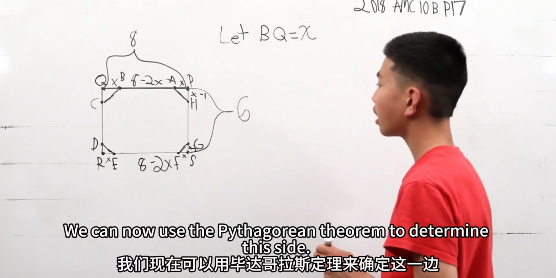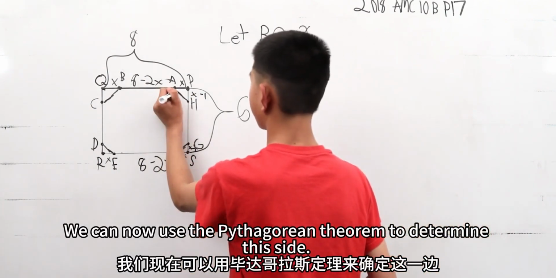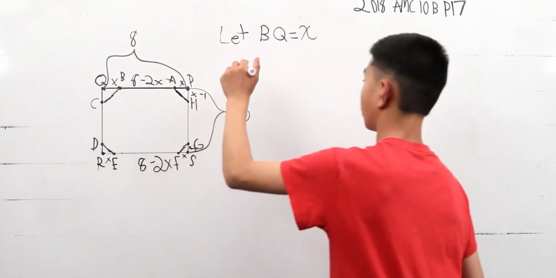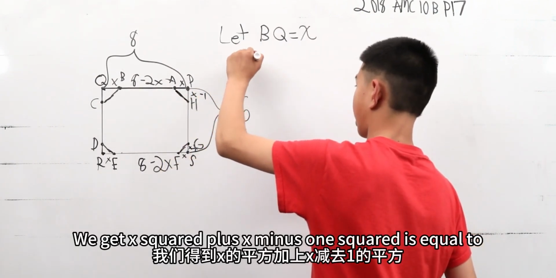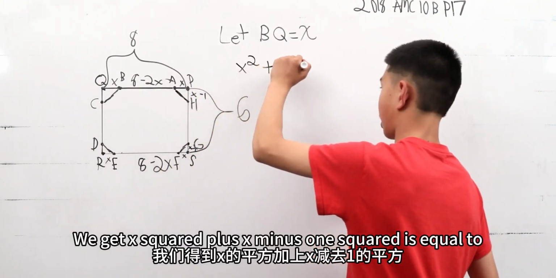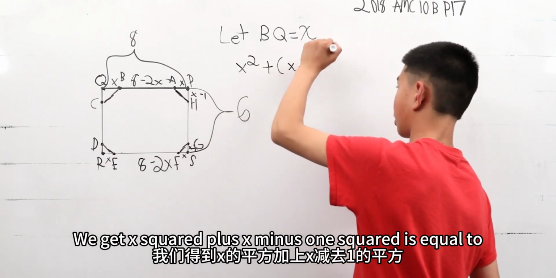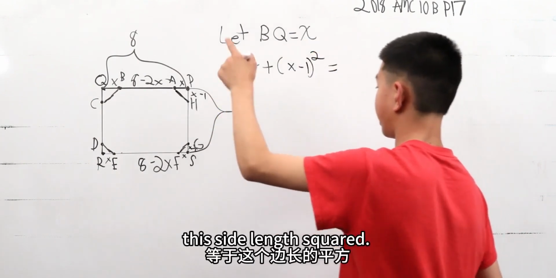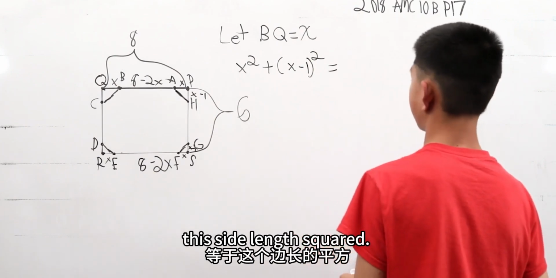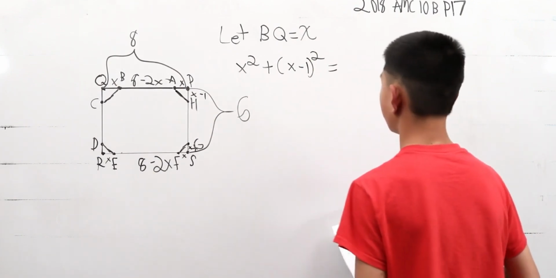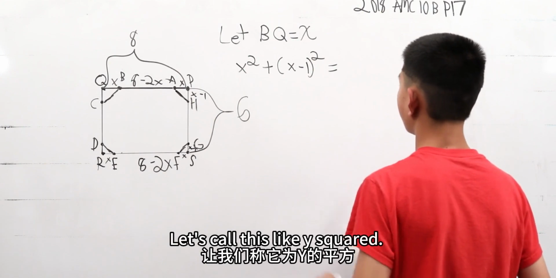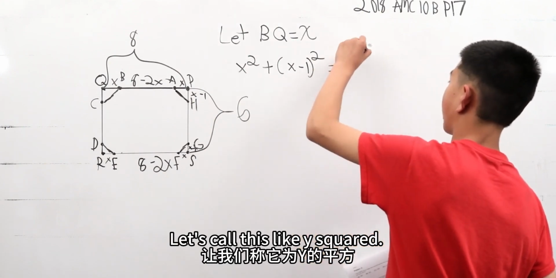So we can now use the Pythagorean theorem to determine this side. We get x squared plus (x minus 1) squared is equal to this side length squared. Let's call this y squared.